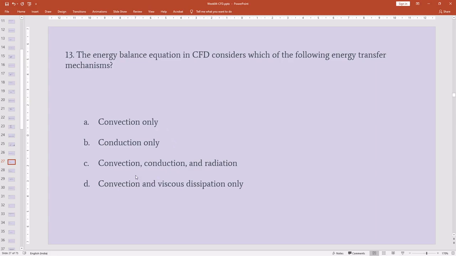Third one, convection, conduction and radiation. Fourth one, convection and viscous dissipation only. You can inbox your answers, but the options are poorly framed, I know. Still, you can inbox your answers.